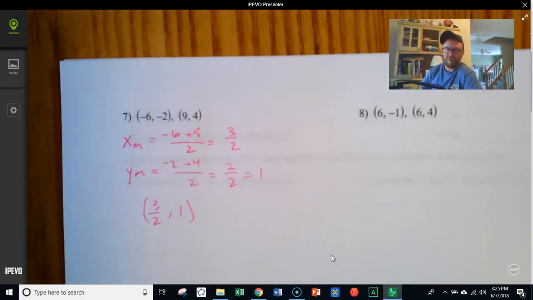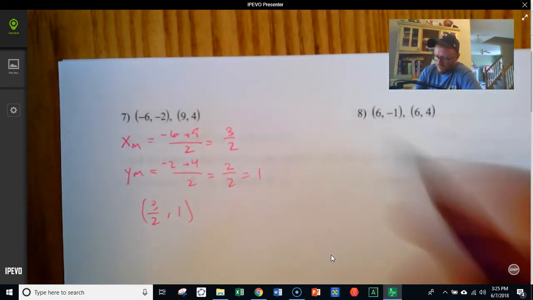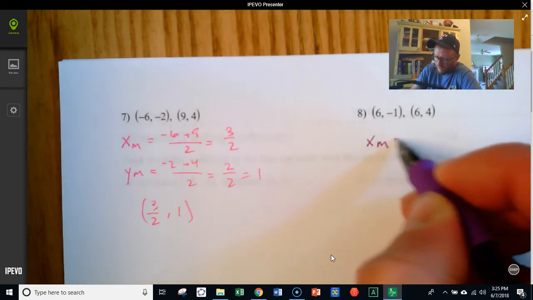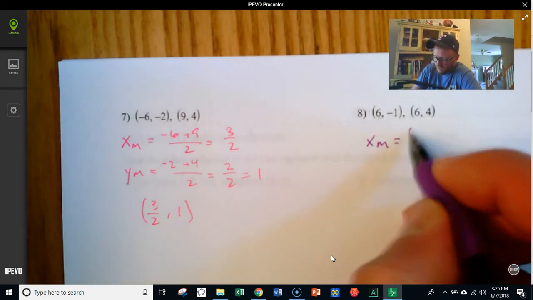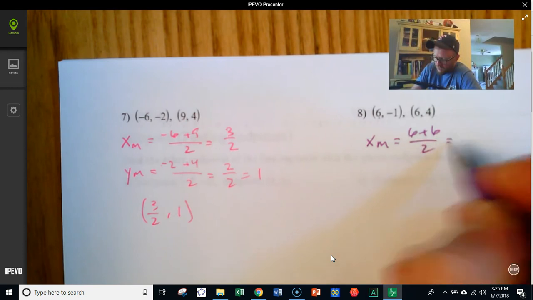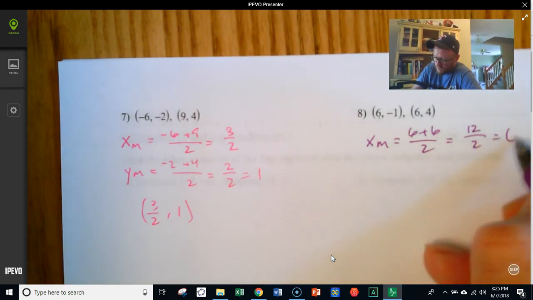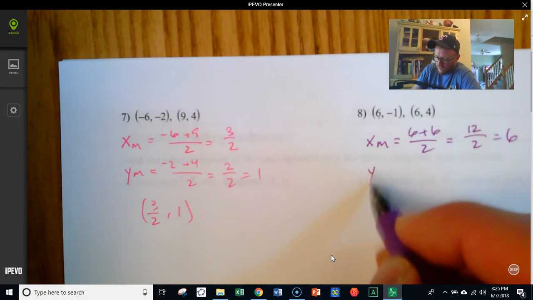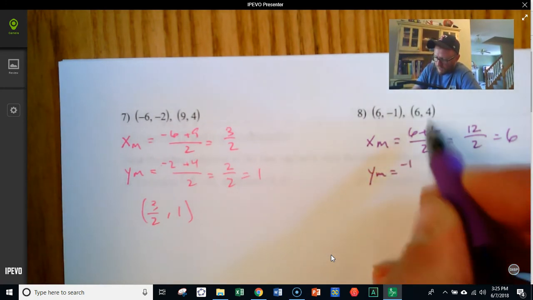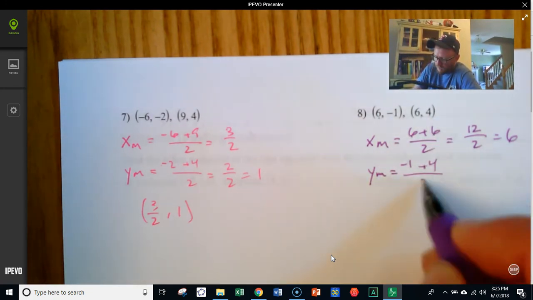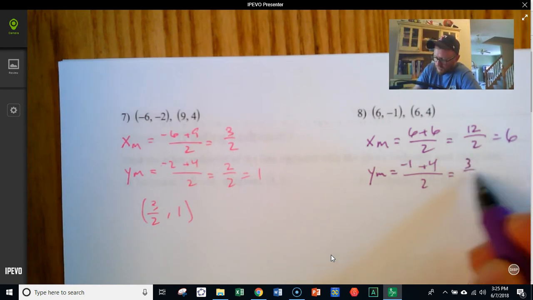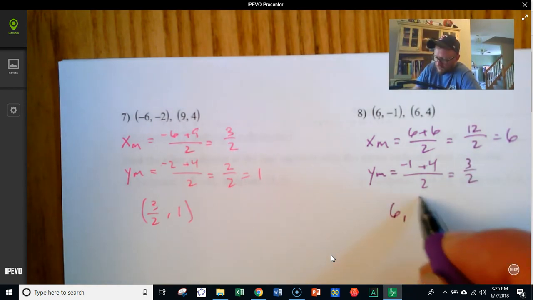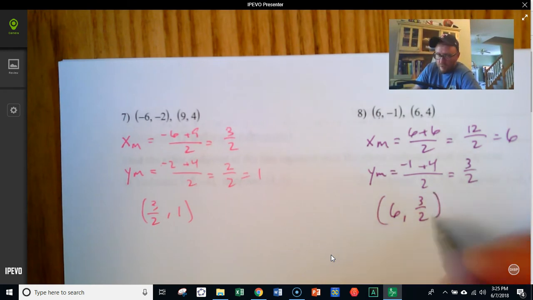Let's change up colors here. Here, the x-coordinate for our midpoint is 6 plus 6 over 2, 12 over 2, which is 6. And our y-coordinate will be -1 plus 4 over 2, which is 3 over 2. So 6, comma, 3 over 2.